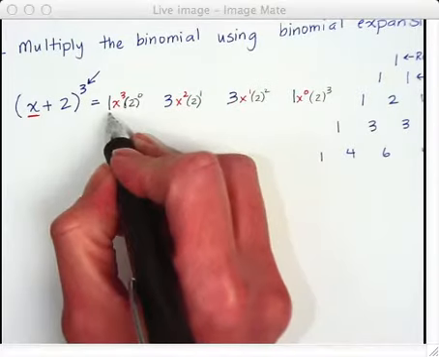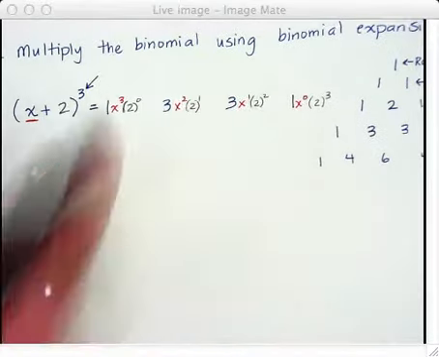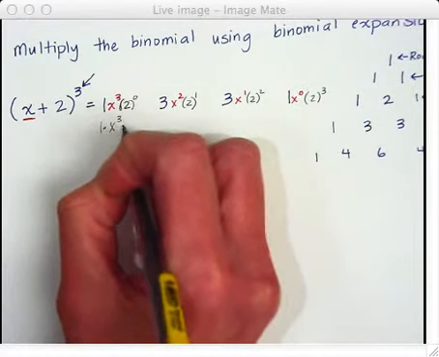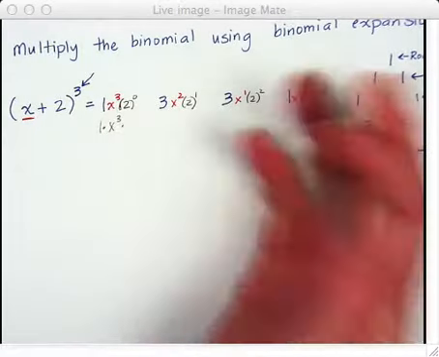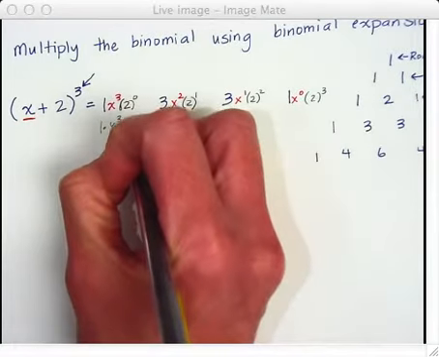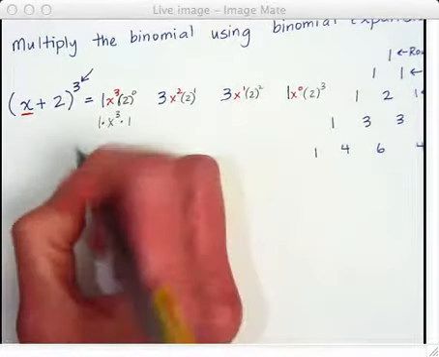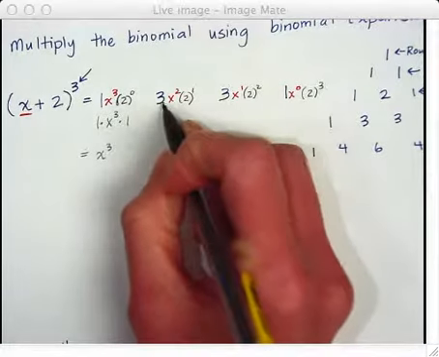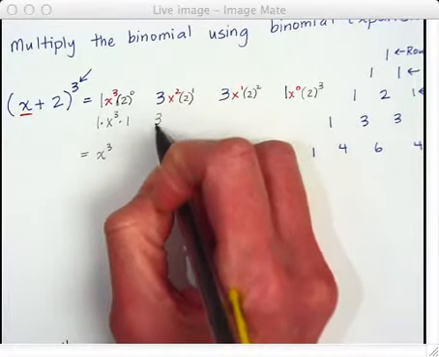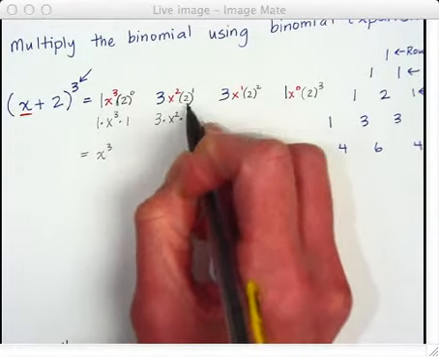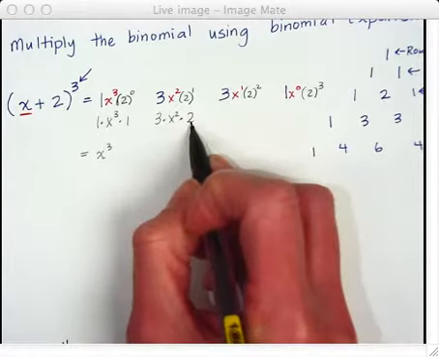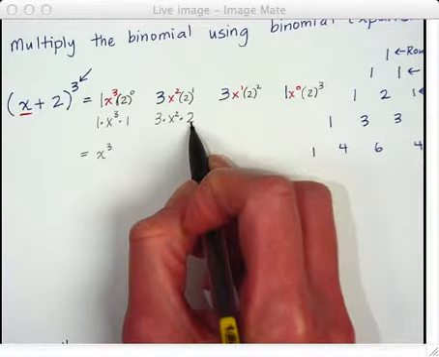So this is really 1 times x cubed times, and 2 to the 0 is a 1. So my leading term here is x cubed. Over here, I have 3 times x squared times, well, 2 to the first is 2, and 3 times 2 is a positive 6.